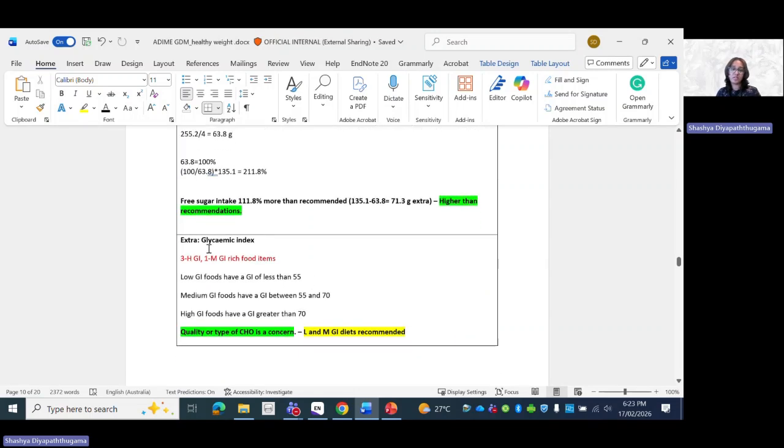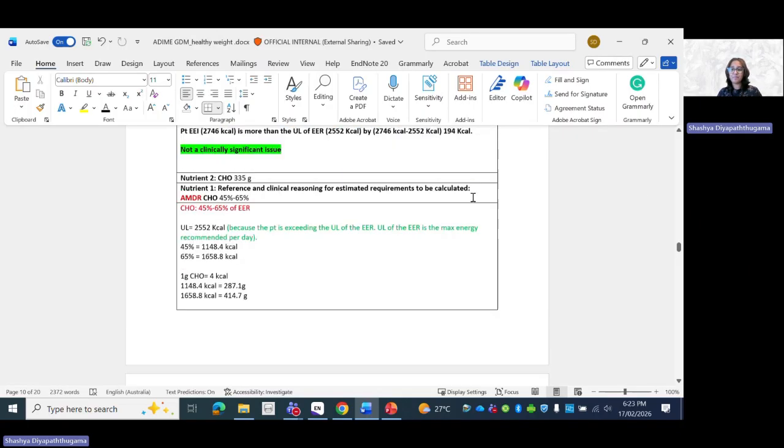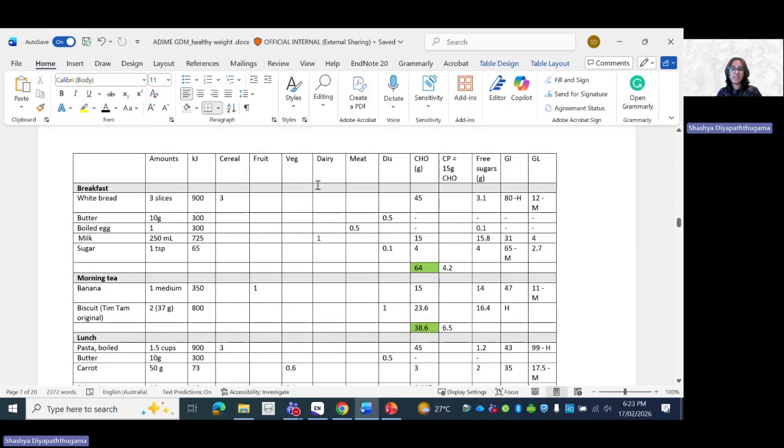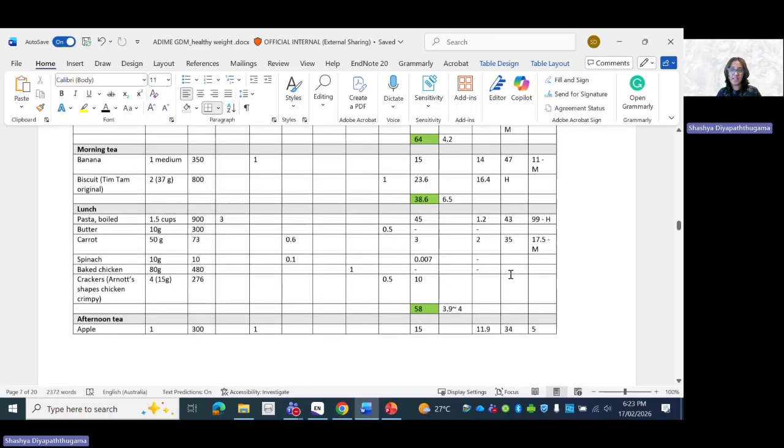Then we would go further, looking at the glycemic index and glycemic load. So in this, going back to the table, I've considered the glycemic index of these different foods that would have a glycemic index value.